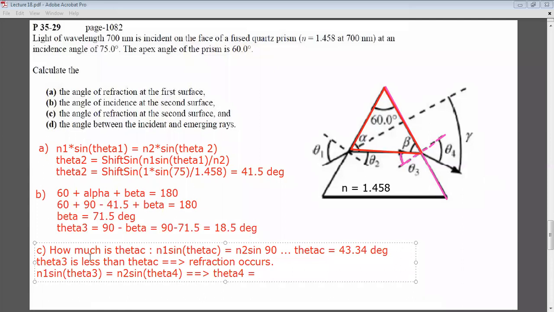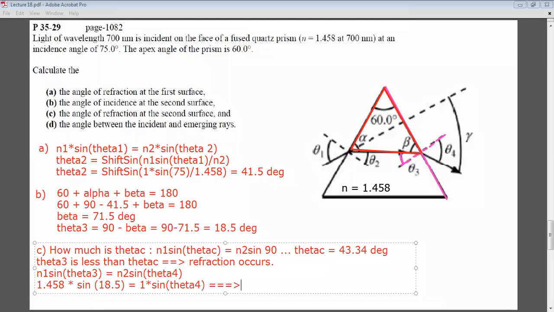So 1.458 times sine 18.5 equals 1 times sine theta 4.